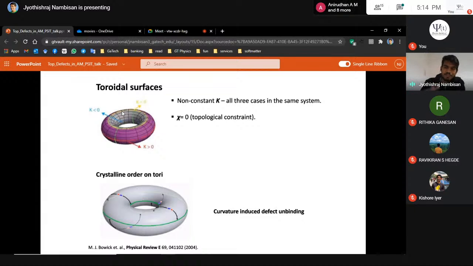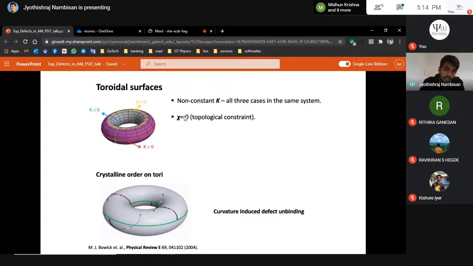So in the same system, you can achieve all three Gaussian curvatures, as the Gaussian curvature varies smoothly when you traverse along any theta hat or phi hat. So you have access to the entire range of curvatures in one single system.